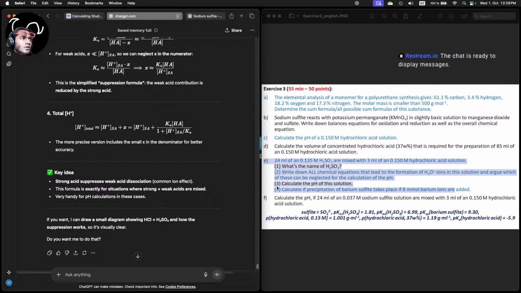Okay, calculate the pH of the solution. Now we got the H plus and log of H plus, okay. Calculate if precipitation of barium sulfide takes place if 8 millimoles of barium sulfate ions are added.